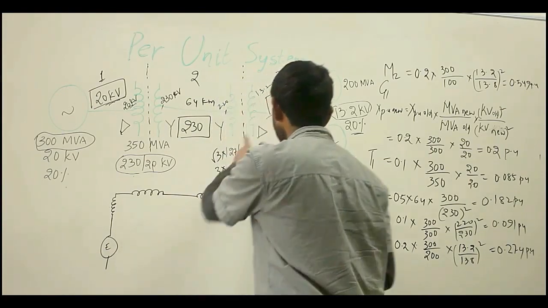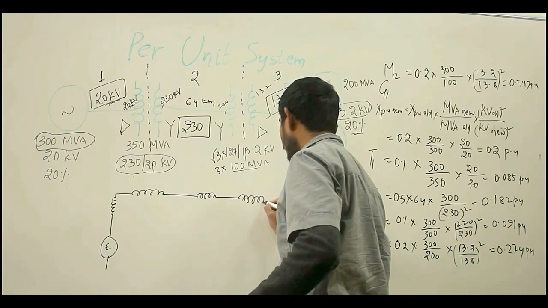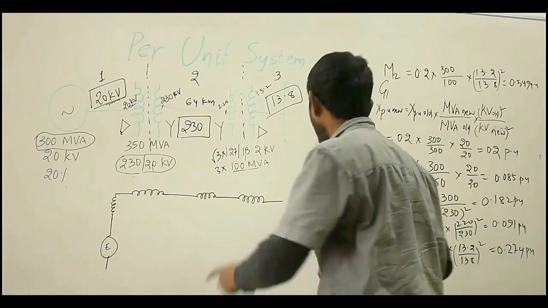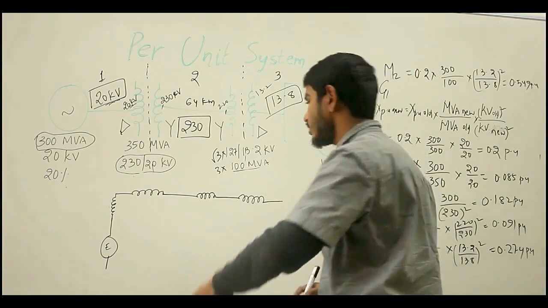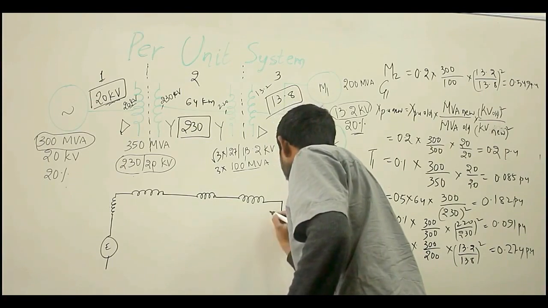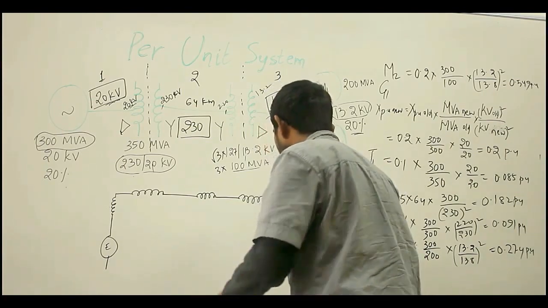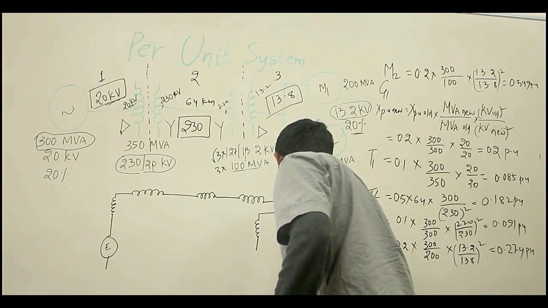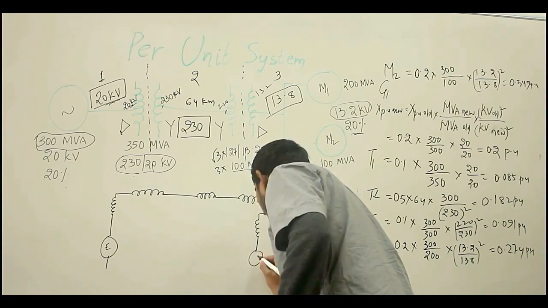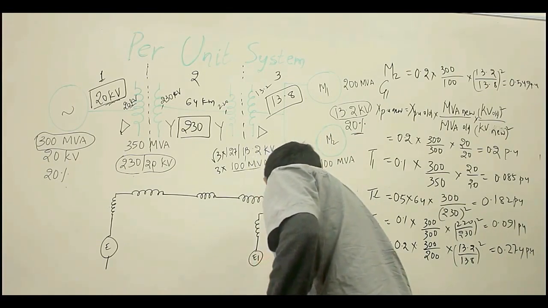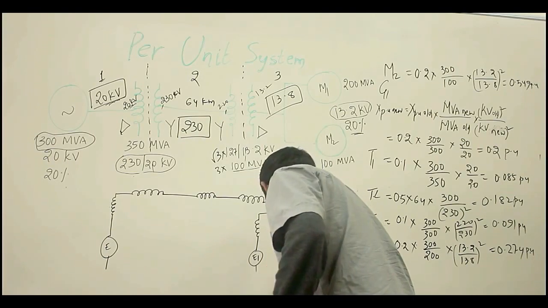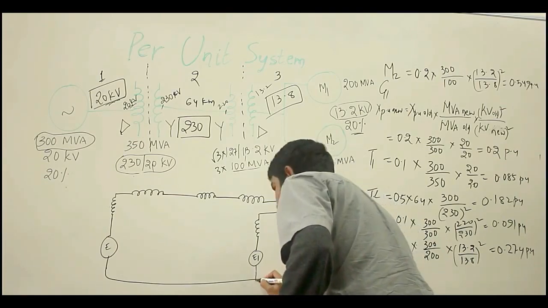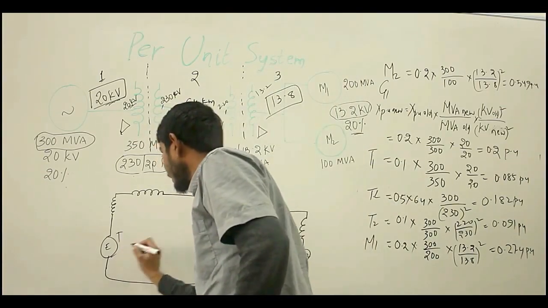This is a transmission line, and next again we are having a transformer, and here I am having a bus bar, and to that bus bar two motors are connected, and as these motors are also rotating machines, generally rotating machines are represented by a EMF source or voltage source with its series impedance. So this is E1, let us say E2, and these are connected like this. Now the polarity can be indicated like this.